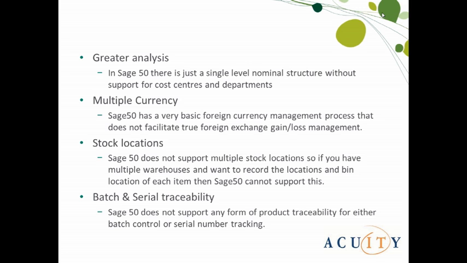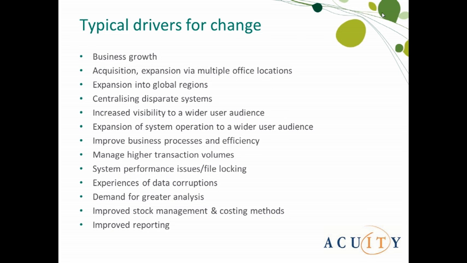So, for example, those of you that might be in a technical environment where you produce items that have specific serial numbers or indeed support contracts that are specifically aligned to a particular product, or indeed products that are perishable and that have use by or sell by dates where stock rotation is an important factor to avoid wastage, Sage 50 again can't really provide a solution from that perspective.